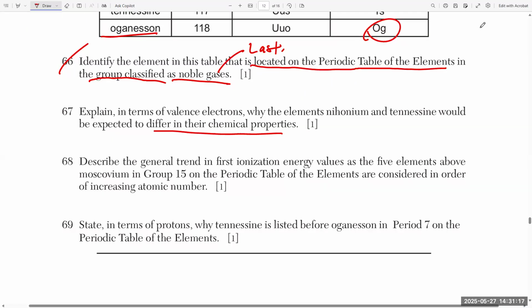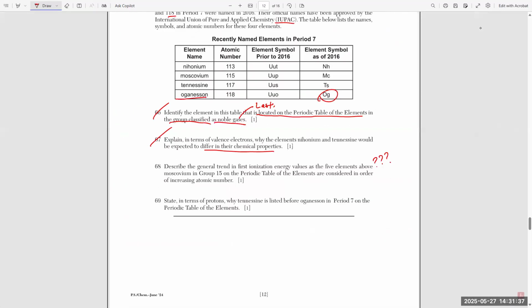I'm back. Number 68, let's go talk about this question. Describe the general trend in first ionization energy values as the 5 elements above moscovium in group 15 on the periodic table of the elements are considered in their order of increasing atomic number. Now, this may sound really complicated, but it's not. In fact, this has absolutely nothing to do with this problem.